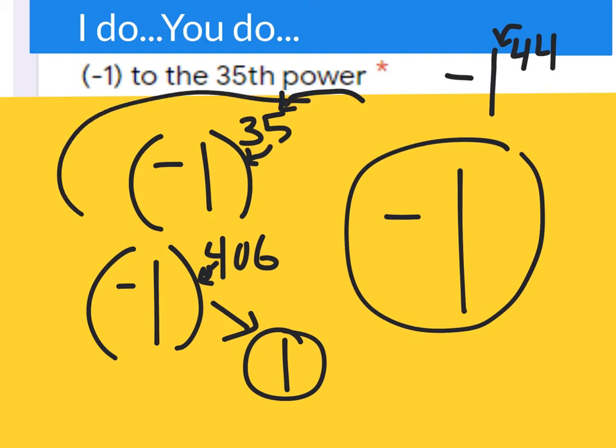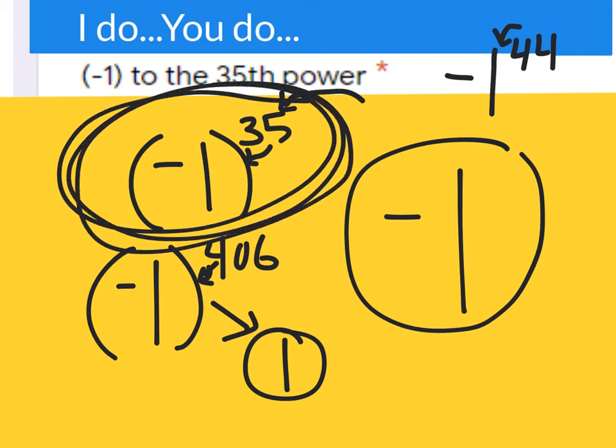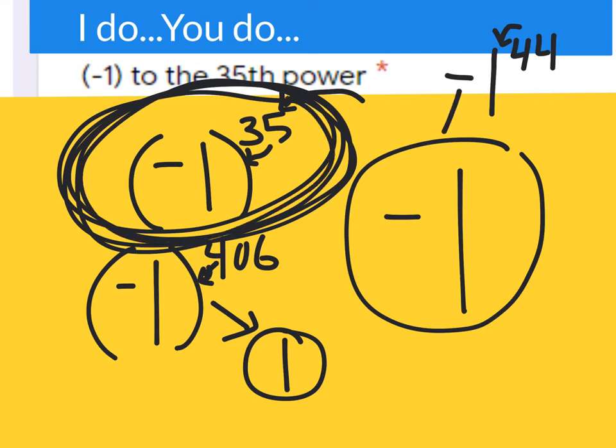This one I would read negative 1 to the 35th power. This one I read the opposite of 1 to the 44th power. So even though it looks like you have 44 negatives, you really only have 1. So I would do 1 to the 44th power, which would be 1. And then I want the opposite of that. That one would turn to a negative 1. So be careful with that.